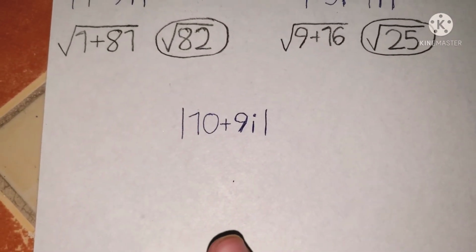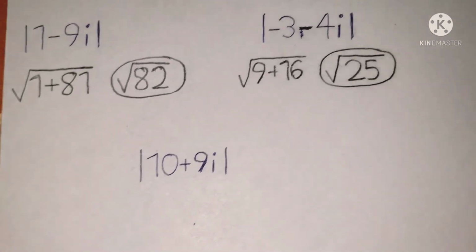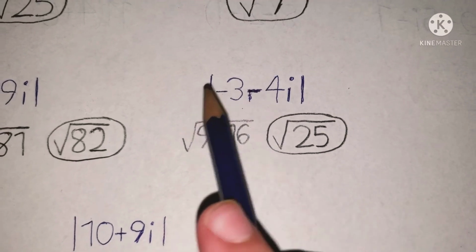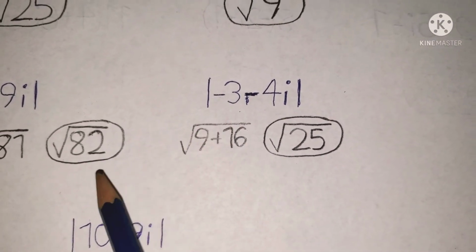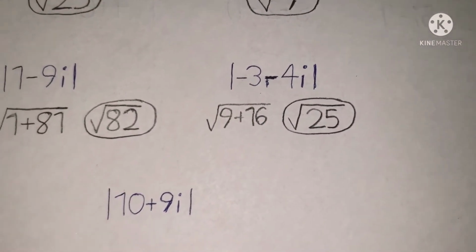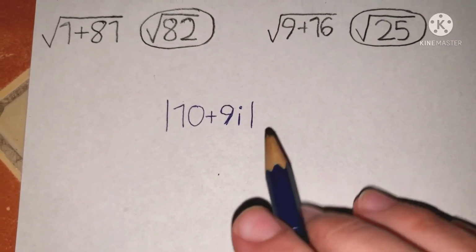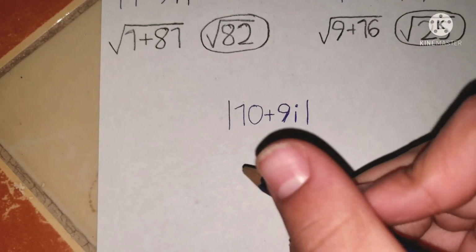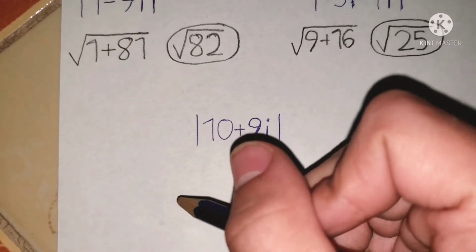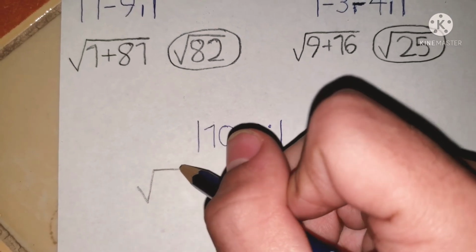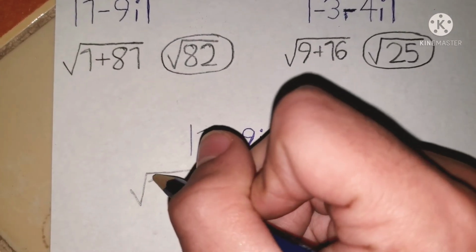And 10 plus 9i. Now I'm going to tell you briefly that if any number is negative, it's going to be positive. Don't make it negative, because otherwise it's also going to be wrong. But anyways, 10 plus 9i. Since all of these are positive, this is how it goes. 10 becomes 100. So this is how it goes. It's 100.